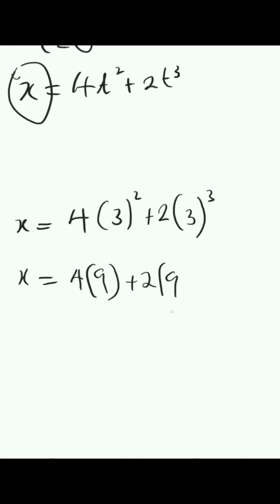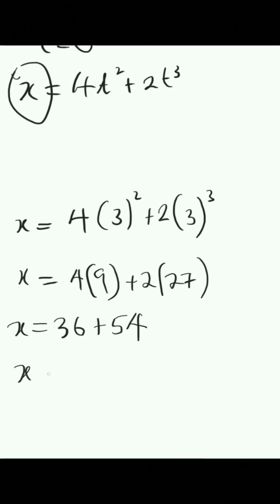So there we have 4 times 9, then plus 2 times 3 to the power 3, which is 27. Now x will be equal to 4 times 9, that is 36, then you add 2 times 27, that is 54. When we sum up these two, we get x equal to 90.